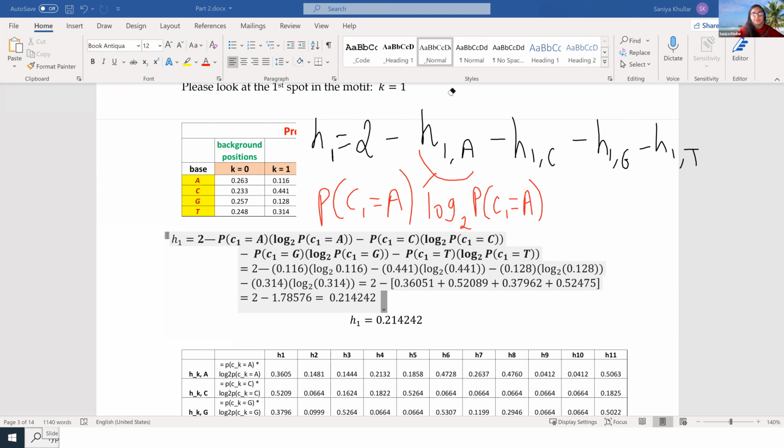And then this part is the same idea, which is just P of C1 equals G times log 2 P of C1 equals G, which is this here. And then this is here.